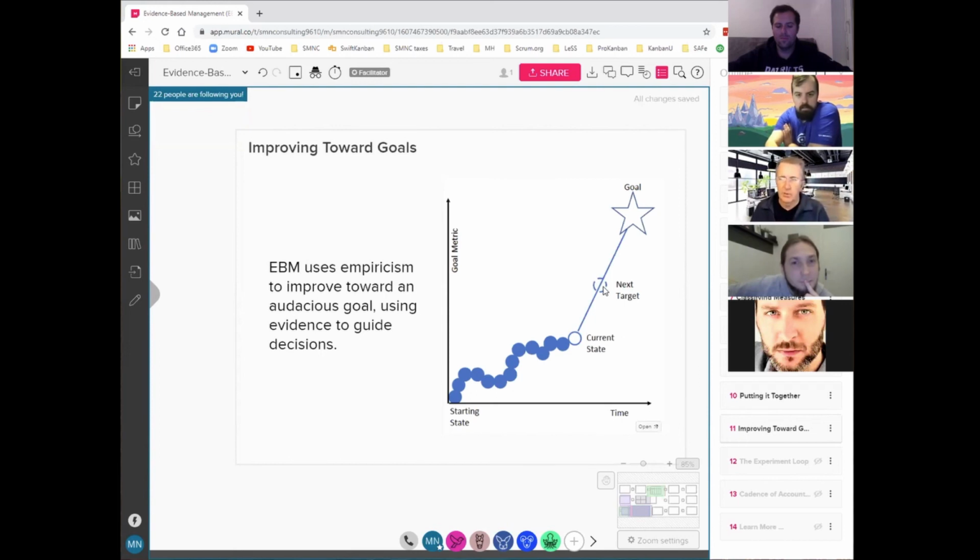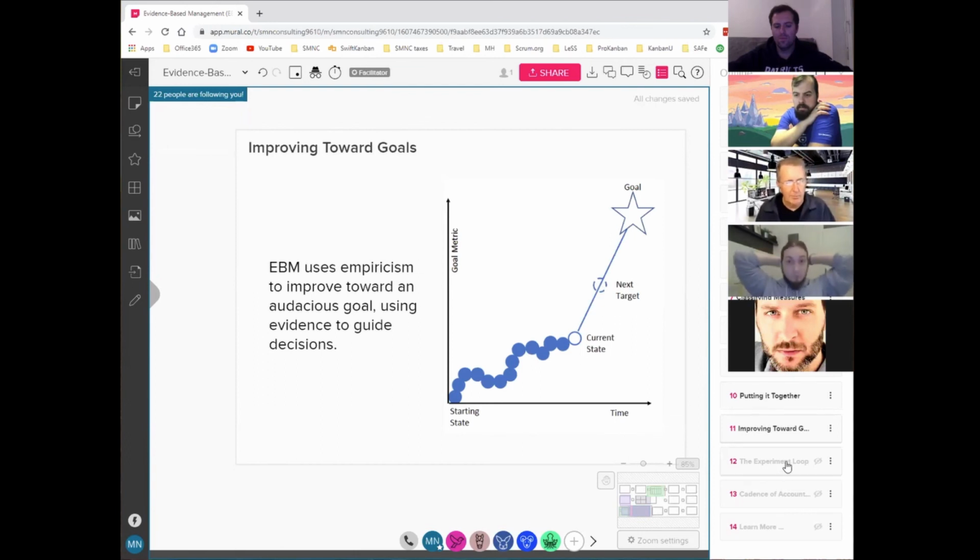Because either the distance from our current state metric and the goal metric is so great, we just have no idea how to achieve that. Or maybe the goal encompasses so much time that we'd like to have some wins along the way, some successes along the way, and it's worth creating intermediate goals. But in some cases, it's not necessary, then you don't need that, and that's okay too.